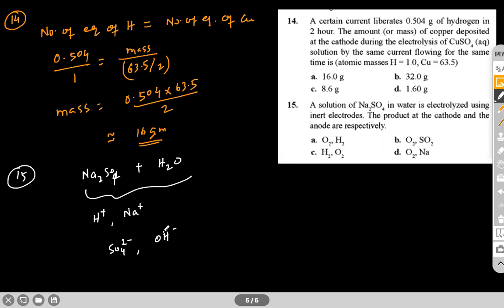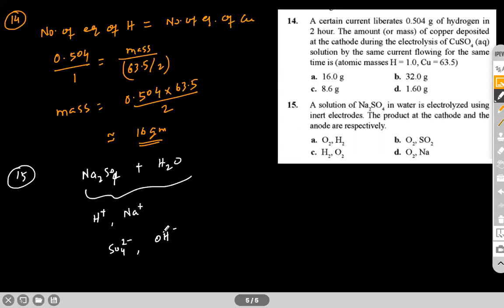So Na2SO4 and H2O. If you see the electrode potential of Na plus and H plus, we know for H plus the electrode potential is 0, and for Na plus the electrode potential is negative, right?